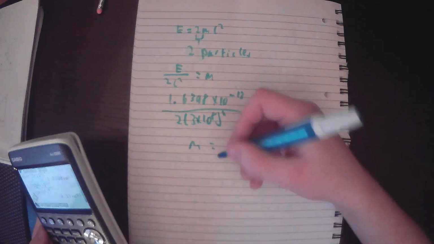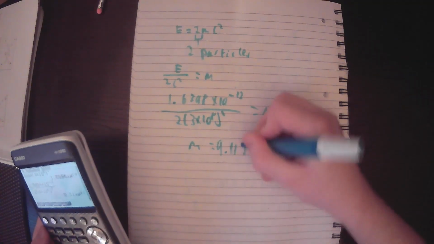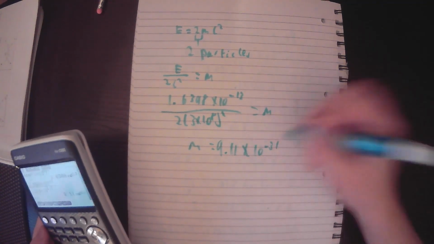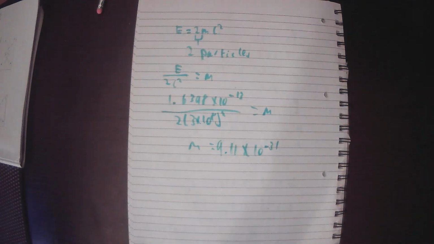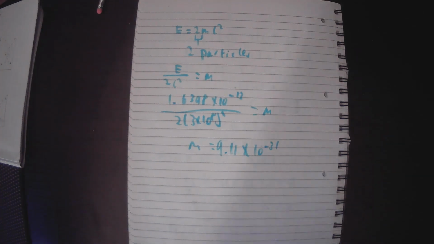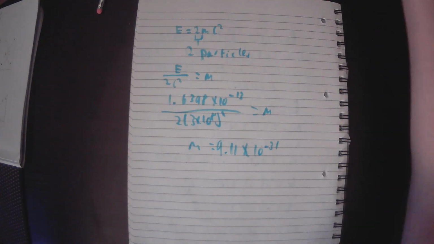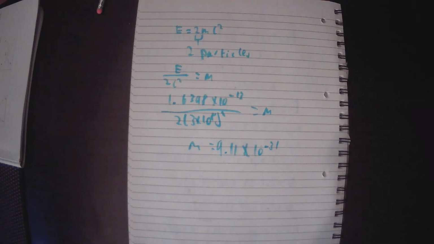Yes, and that will give us 9.11 times 10 to the minus 31, which is the mass of an electron or mass of a positron. So annihilation is when a particle-antiparticle pair interact, and pair production is the formation of a particle-antiparticle pair, or the creation of mass from energy.